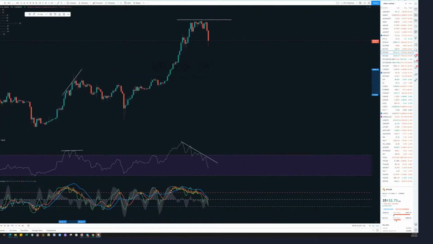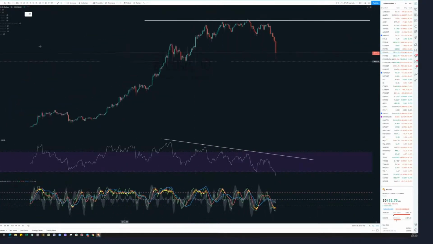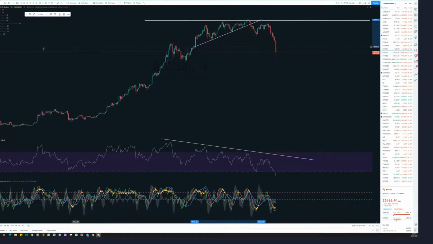Now look at the daily. If I look on the daily on this chart, I wasn't the only one that said this. Come on, that is an ascending wedge. The rule of an ascending wedge is this level is resistance. Hello, it did it perfectly.